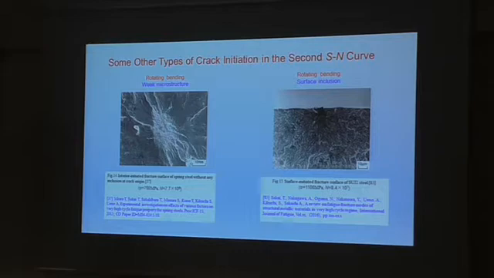And we have some other types of crack initiation mode. This one is a fine granular area at the crack initiation site. However, we cannot observe any inclusion inside this fine granular area, only the fine granular area. Okay? So maybe weak microstructure is the key parameter causing this kind of crack initiation.